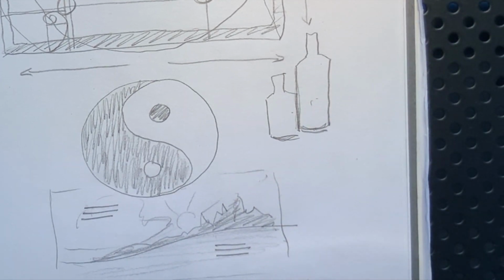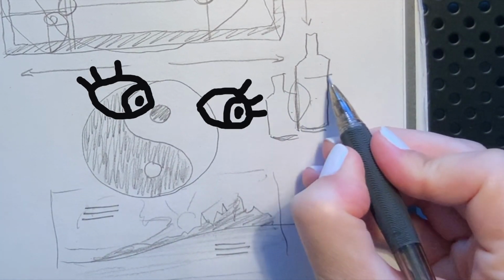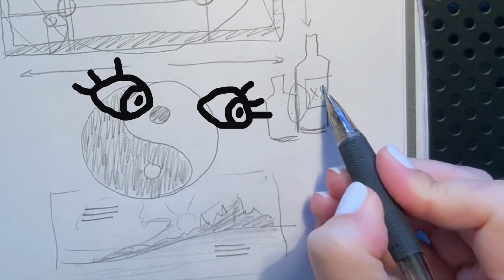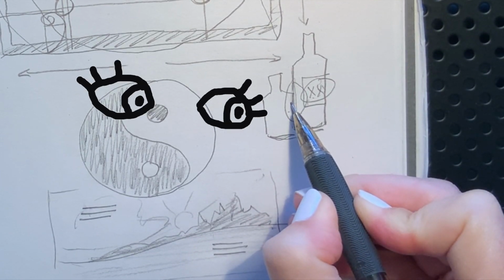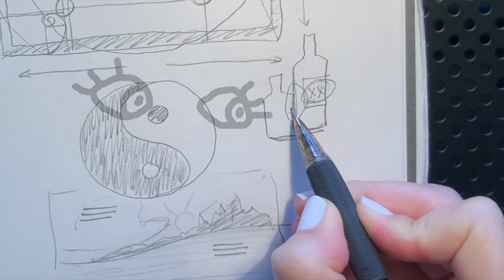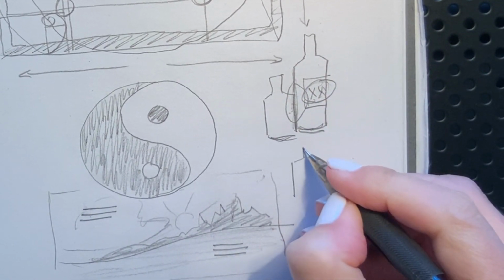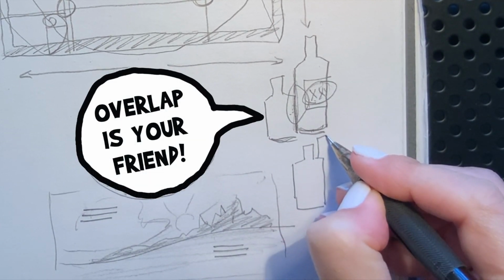But if their eye is trying to figure out which one's going forward and back, guess where their eye's going? Right there. Well, maybe you have a label that's saying this is something important, and you want their eye going there. Well, if you've done this, it's going here first instead of where you want to send them. So your message gets skewed. So you want to go here, not here. So the way to fix that would be overlap. Overlap is a very important concept.